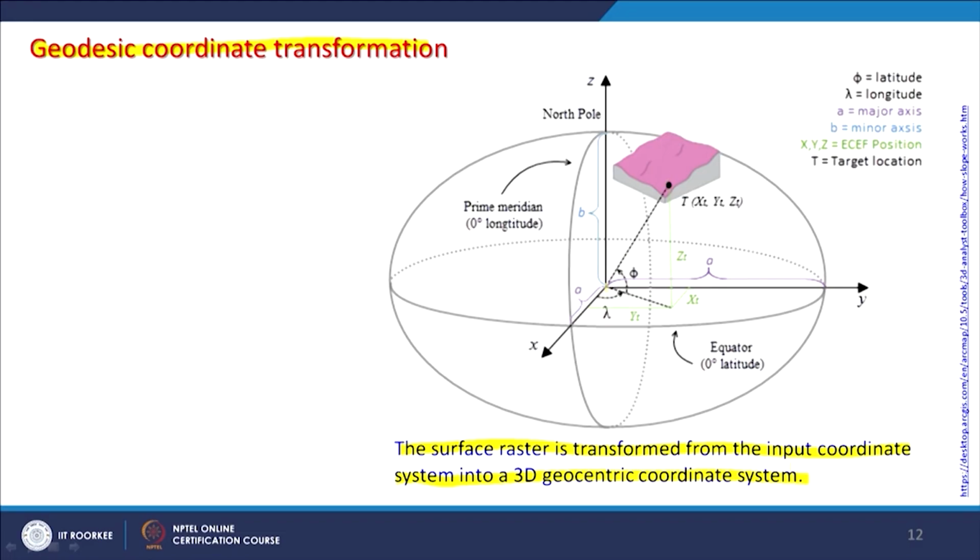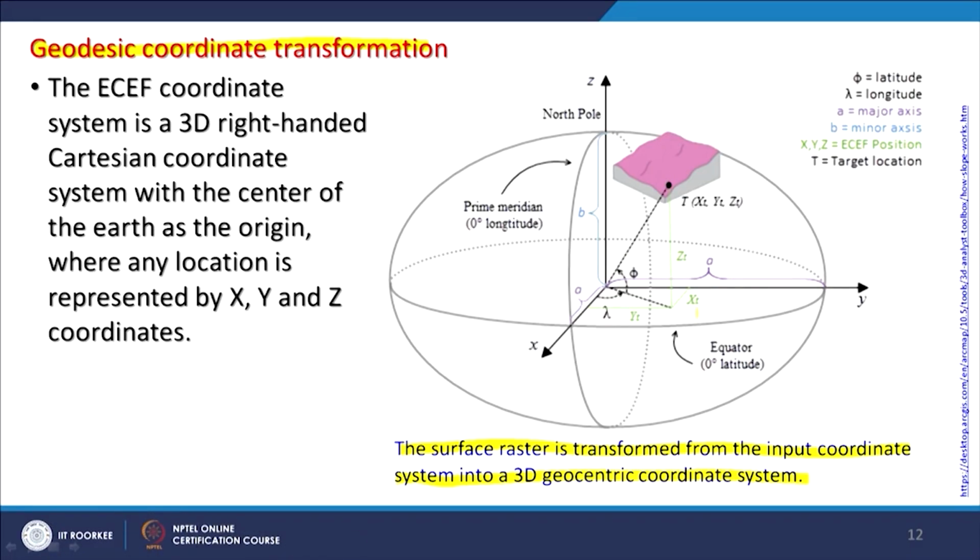So, whatever input is coming through in 2D will go into 3D. The ECEF coordinate system is a 3D right-handed Cartesian coordinate system. The center of the Earth is the origin, where any location is represented by x, y and z coordinates. In 2D you have only x, y, but here there is also a z coordinate.